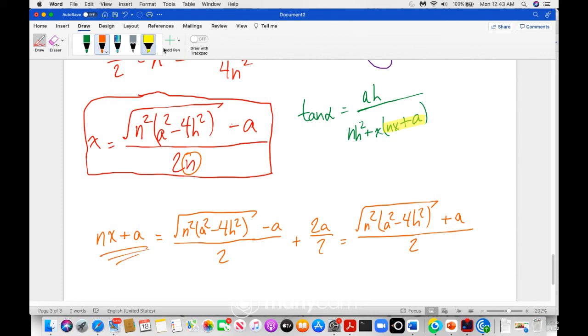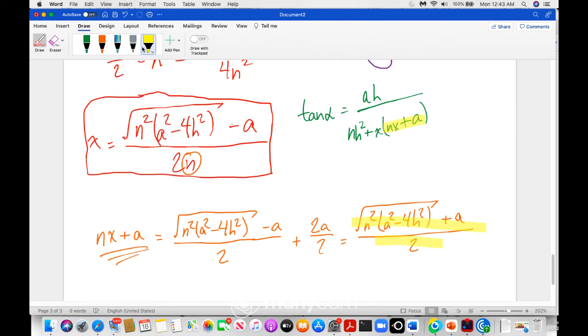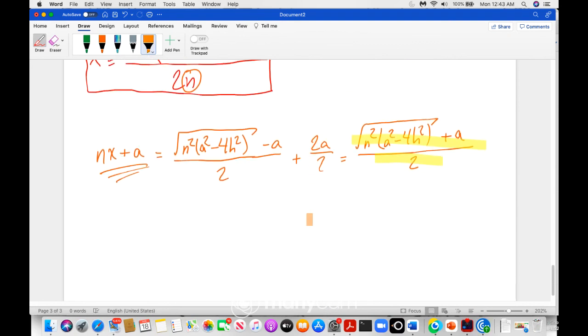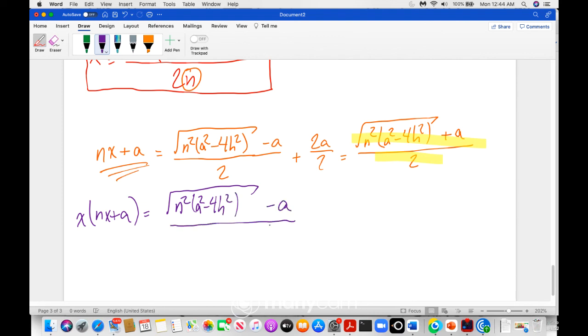The next part of our formula, okay, so this is just this part. The next part of our formula takes that times an x. Okay, so that's not too bad. So x times nx plus a is just simply this quantity, which I should put in parentheses, times this quantity.